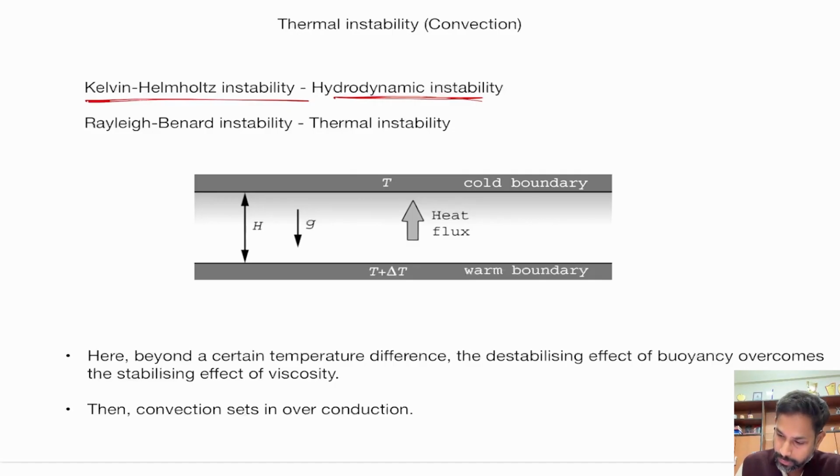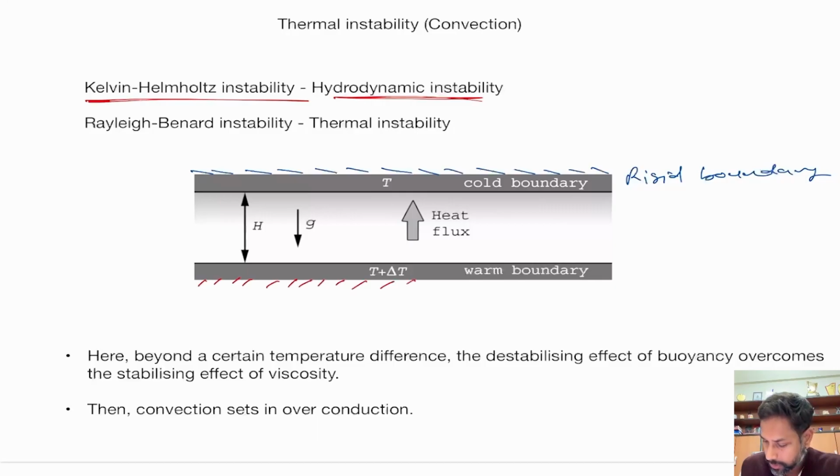So here let's assume that this is a solid body, which we also call a rigid boundary, and this is also a type of rigid boundary.